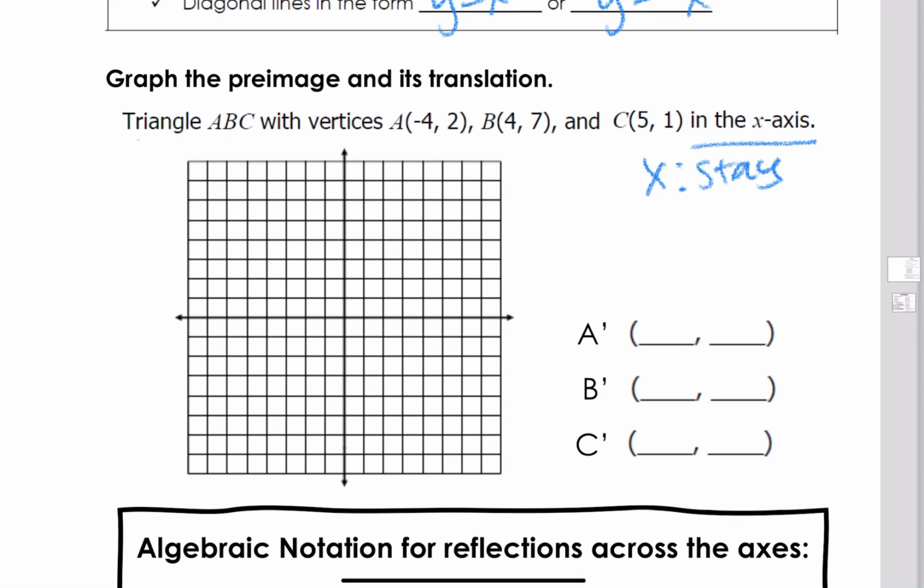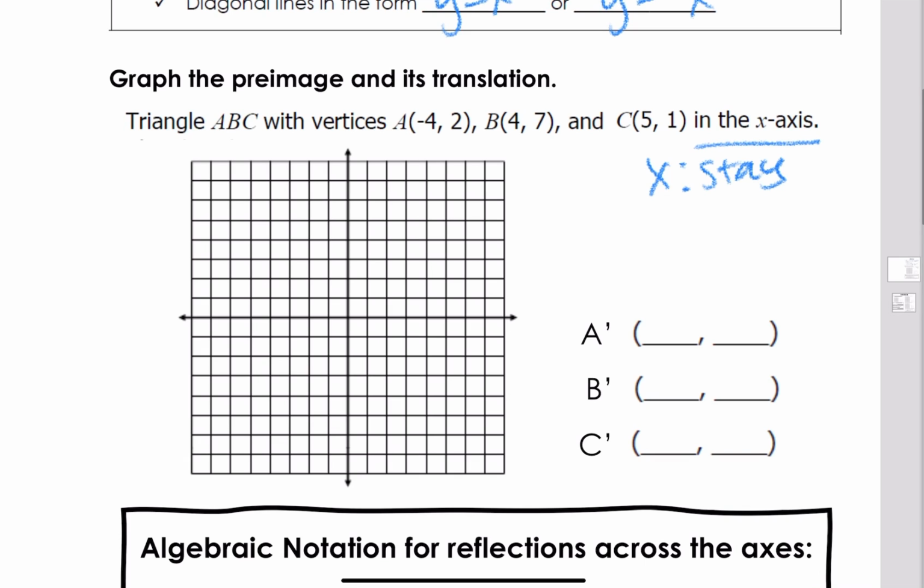Your x kind of acts as an anchor that you're flipping around. And then your y switches signs.